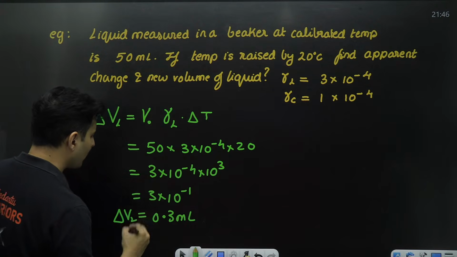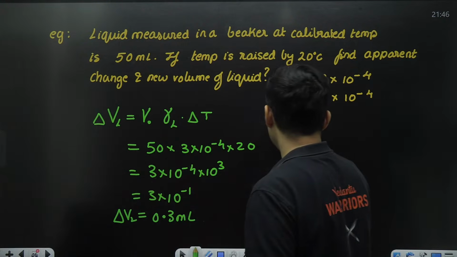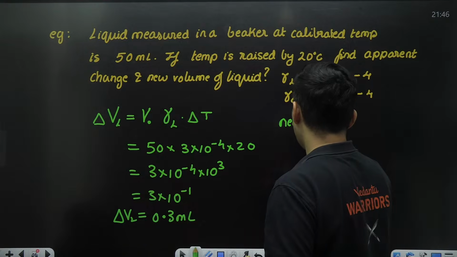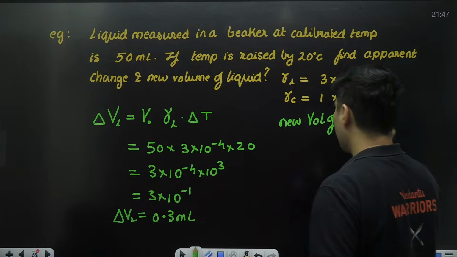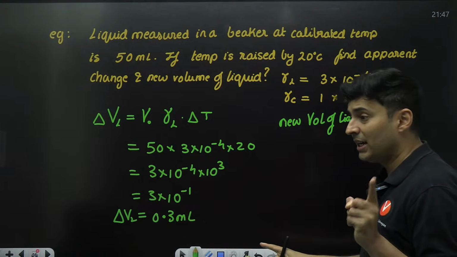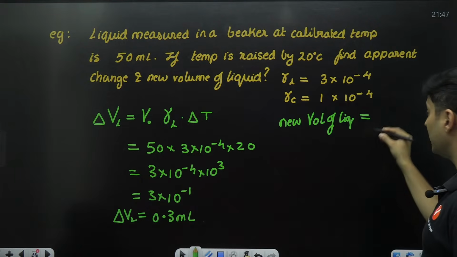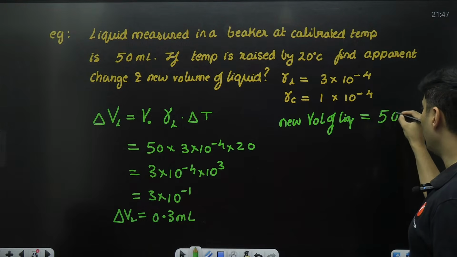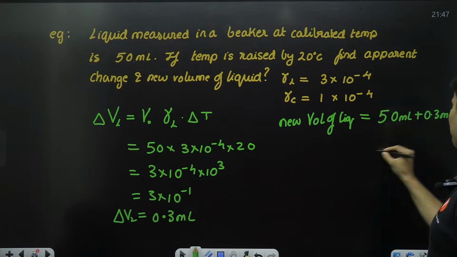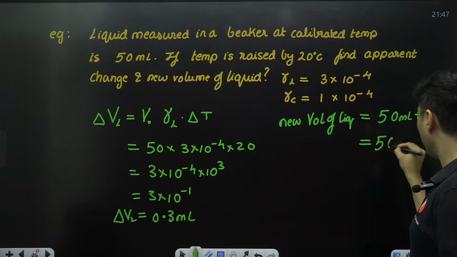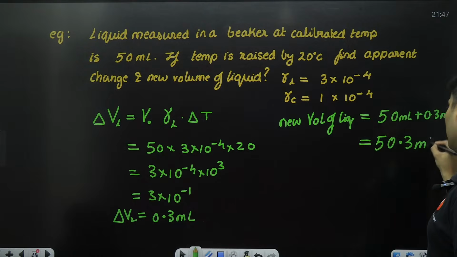of that liquid. So the new volume of that liquid will be, don't take apparent change, take the actual real change. So it will be the old volume 50 ml plus 0.3 ml. So that will be 50.3 ml.